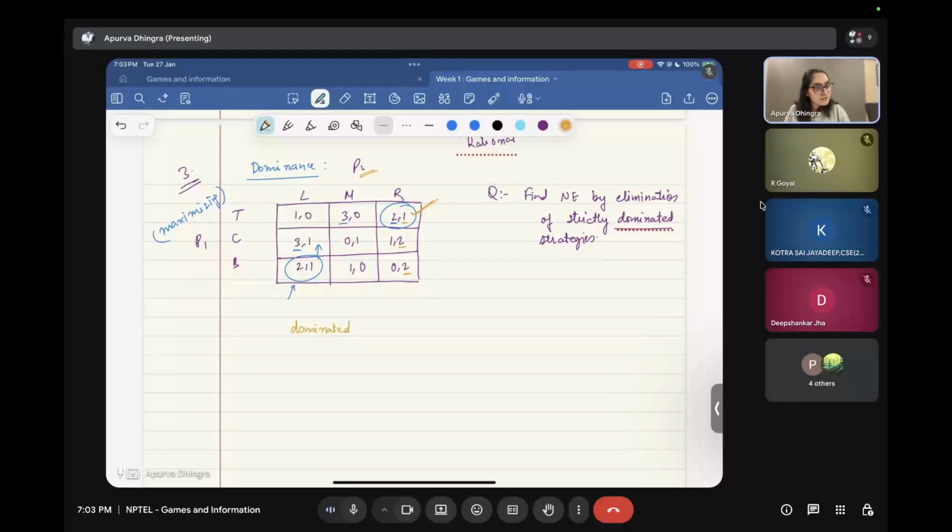Dominated strategy means the strategy which is performing strictly worse than something else.